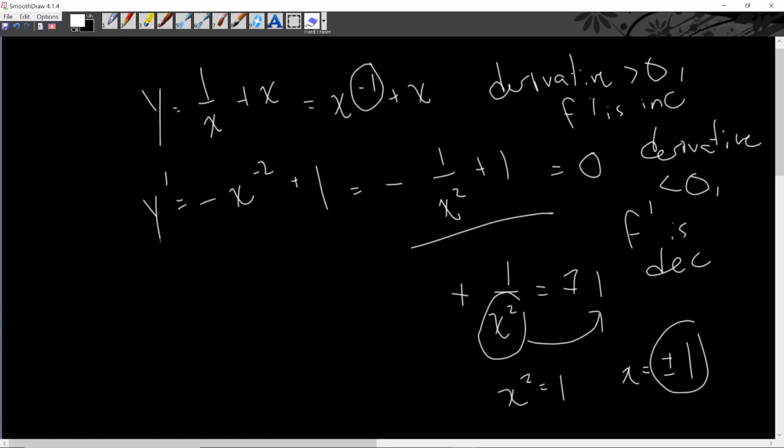Now let's try and draw concave down. So concave down, we'll say that this is, let's draw, it's slowly but surely decreasing, right? Let's keep drawing these.